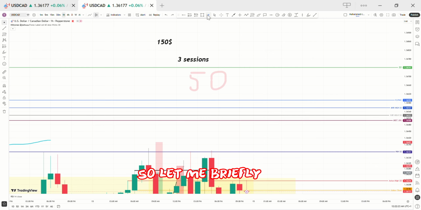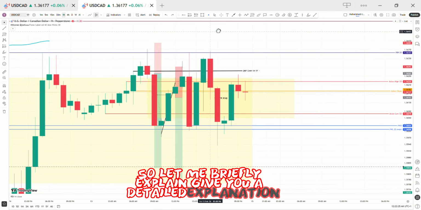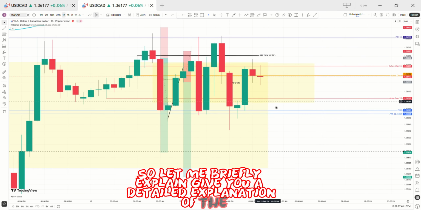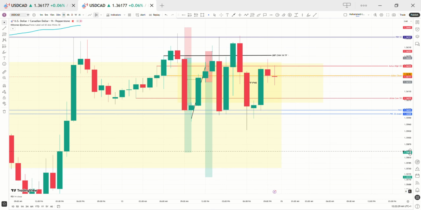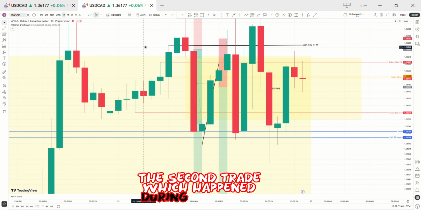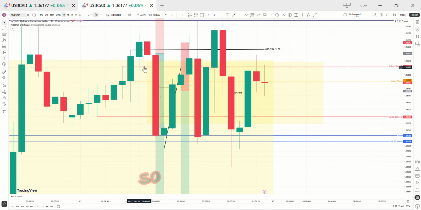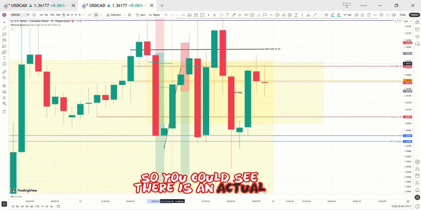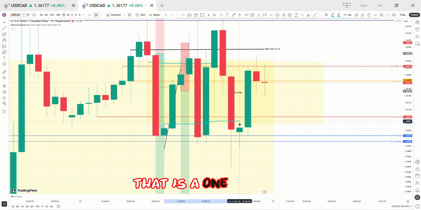So let me give you a detailed explanation of the second trade which happened during New York. You could see there is an actual fair value gap here. That's a 1 hour fair value gap.